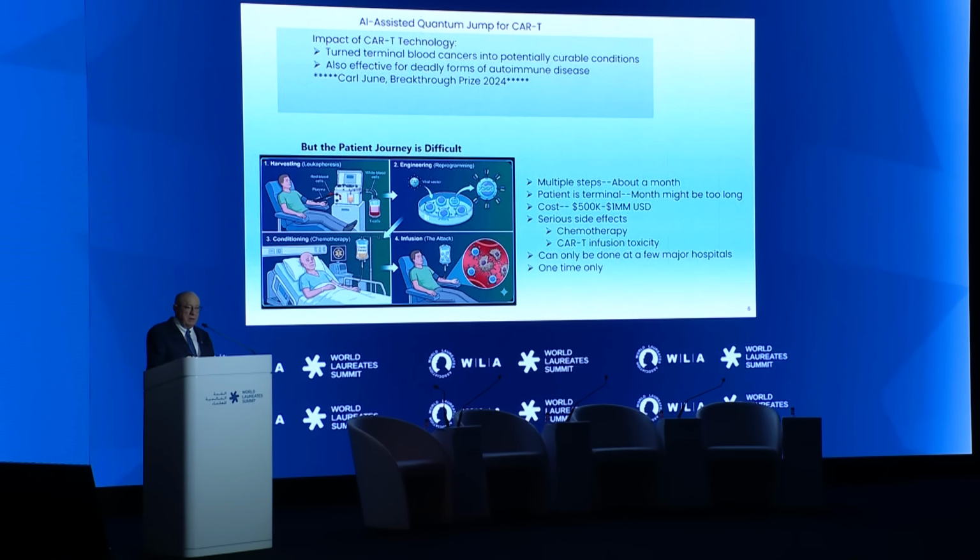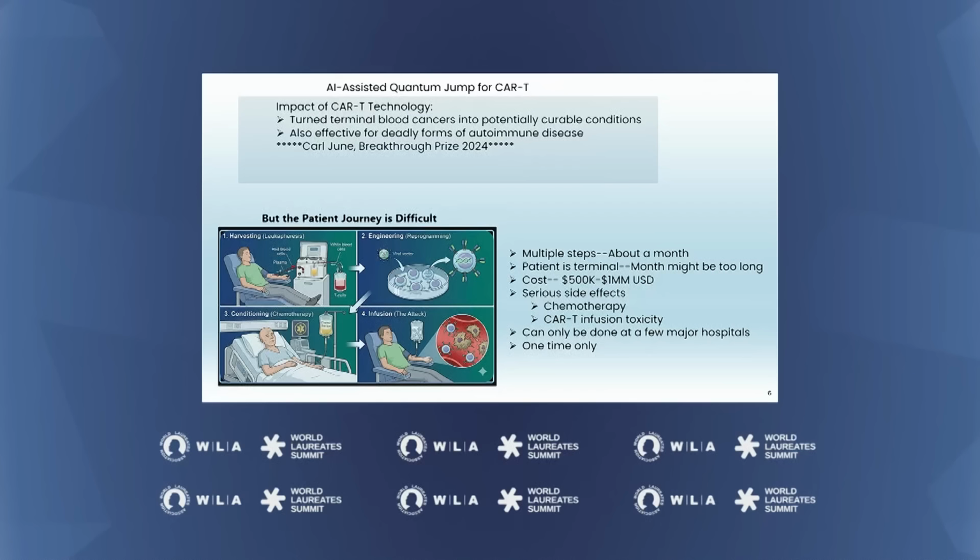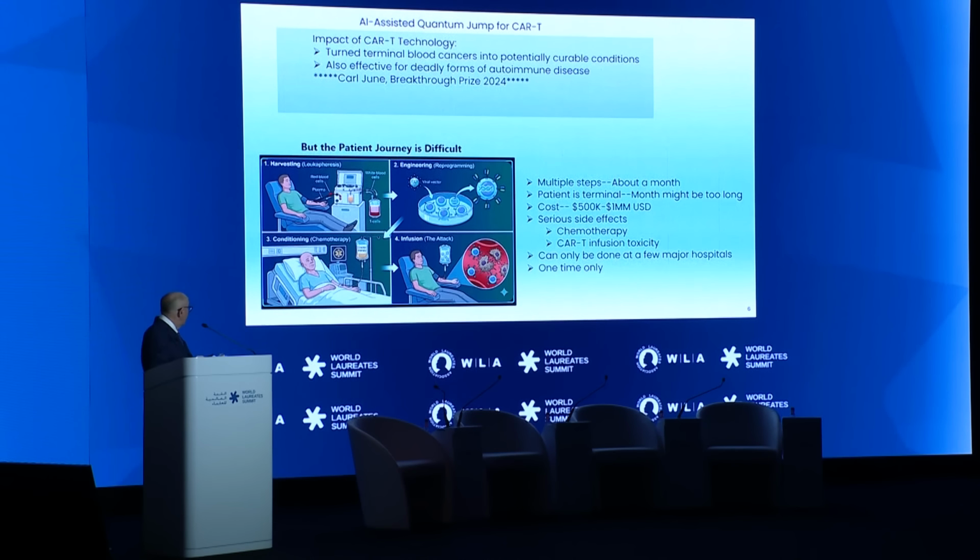Another area where AI has recently made a completely mind-bending change in the way that we think about cancer therapy is with CAR T cells. Now, everybody probably knows what a CAR T cell is. It's an engineered T cell originally derived from the patient and programmed in the lab to attack a protein target on the surface of the cancer cell, and then the T cell is stimulated to release a toxic reaction to the cancer cell.